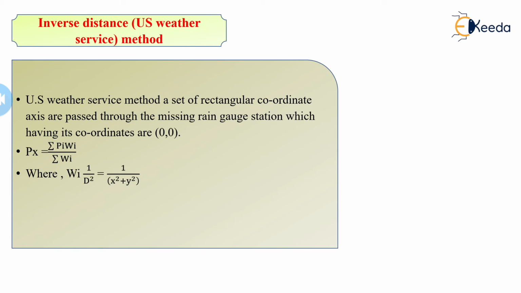W1 is equal to 1 upon D1 square, where D is the distance, meaning its coordinates x and y. So 1 upon x square plus y square gives you the weightage of each existing rain gauge station. By inversing this, we get the weightage, and after taking the summation of this, we can find out the missing rainfall data for the particular station.